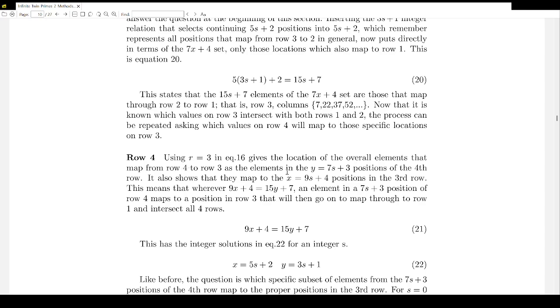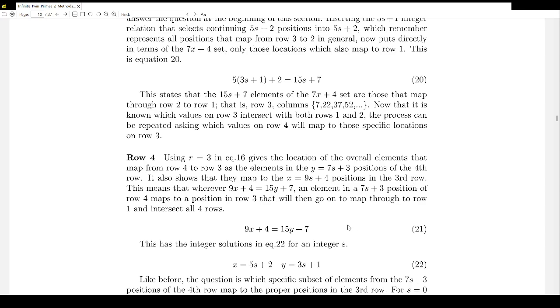And it shows that the elements in the 7s plus 3 positions of the 4th row are the ones that map in general from row 4 to row 3. It also shows that they map to the 9s plus 4 positions in the 3rd row.